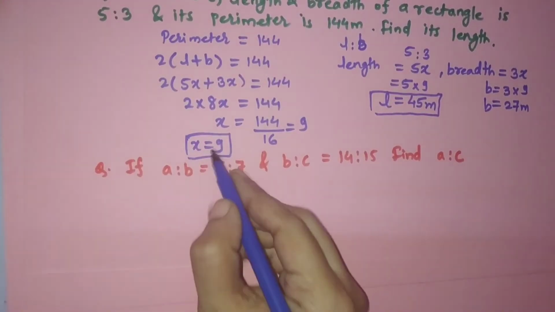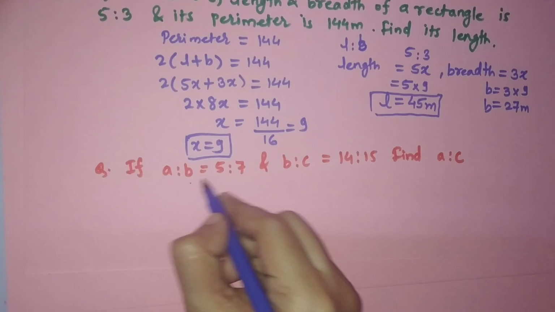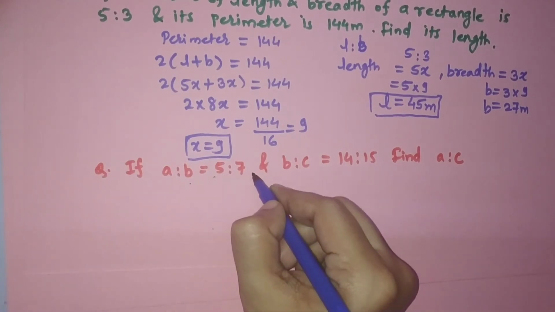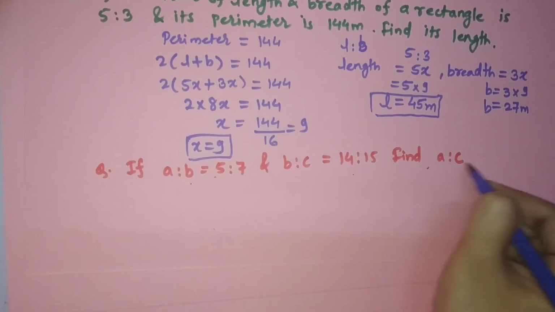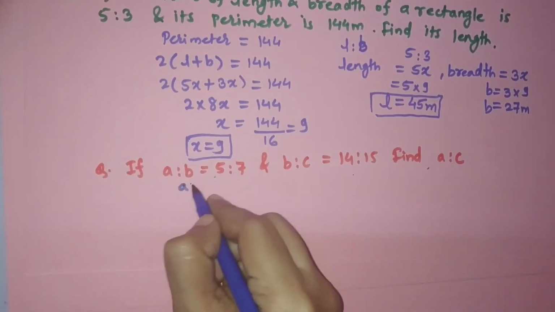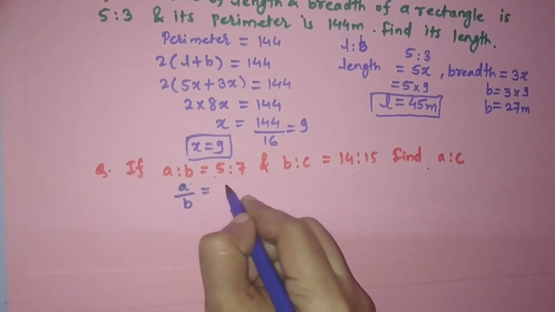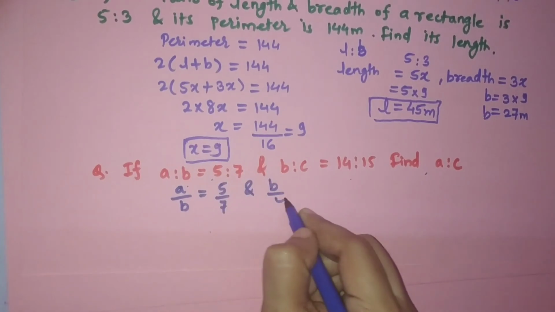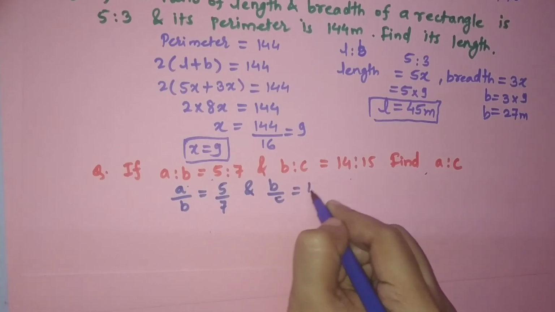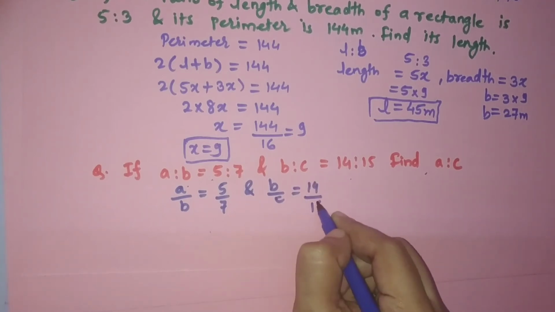So friends, now we are provided with: if A is to B is 5:7 and B is to C is 14:15, find A is to C. So first of all, we'll write the given data. A by B is given, that is 5/7, and B by C is given, which is equal to 14/15.